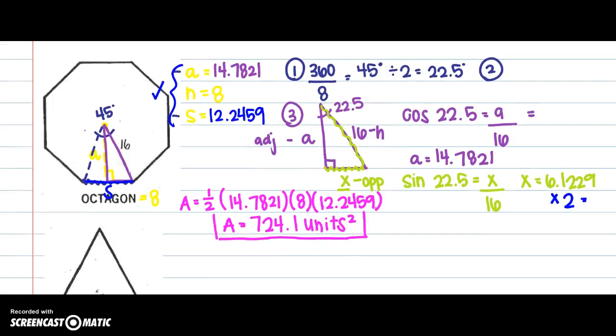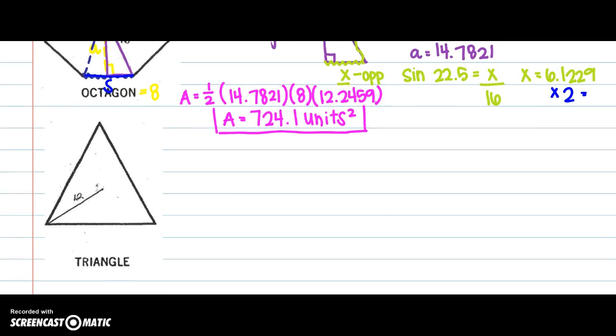Alrighty, and last one, we're going to do the triangle. So again, I need my 3 things, A, N, and S. So I don't have my apothem because my apothem would look something like that. My number of sides, triangle has 3 sides, and my side length is unknown as well.